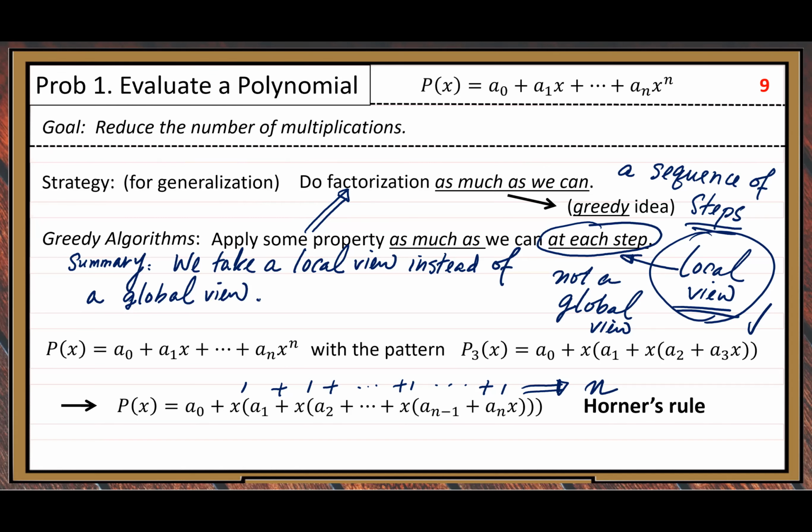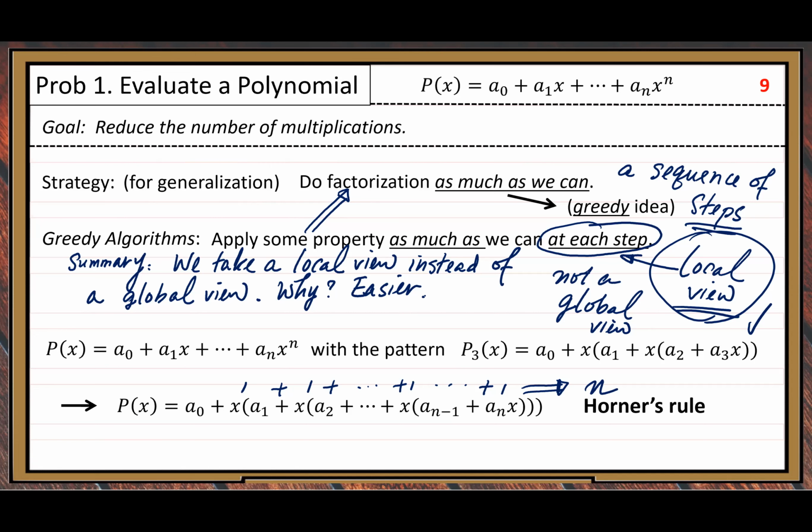Why this way? Why do you take a local view? You do not take a global view because it is easier, right? The local view is easier than the global view. The global view is very hard. How can you apply some property in a global way? The global way, you need to make sure you can do the best you can globally.